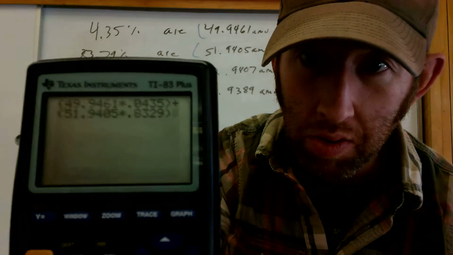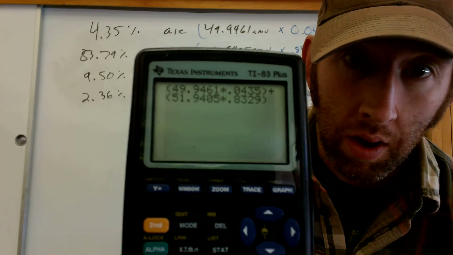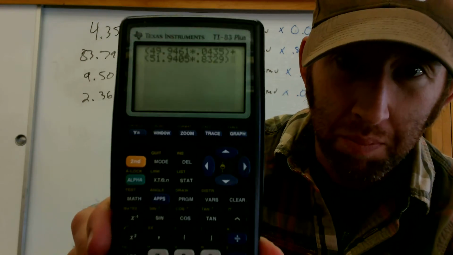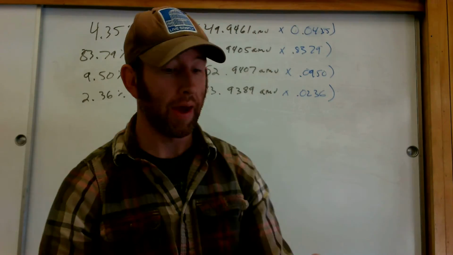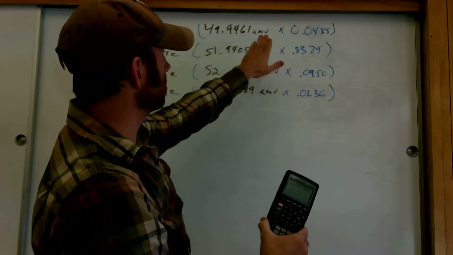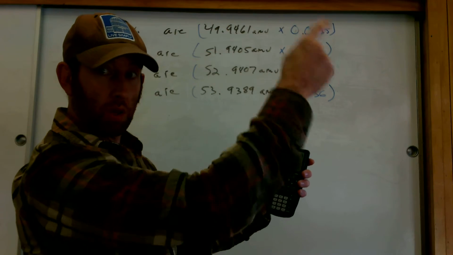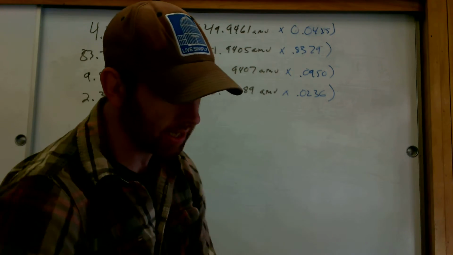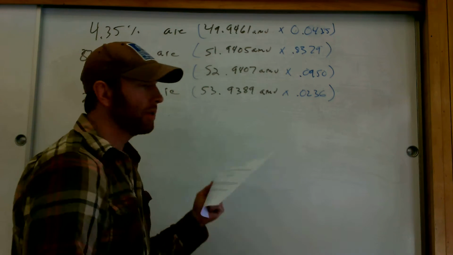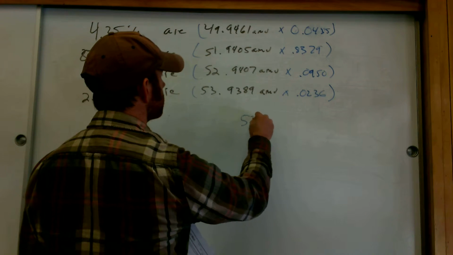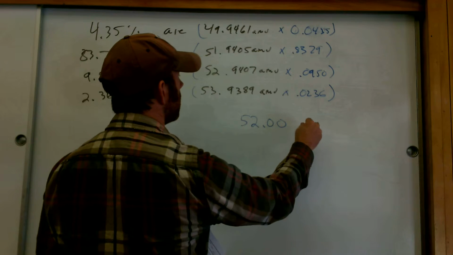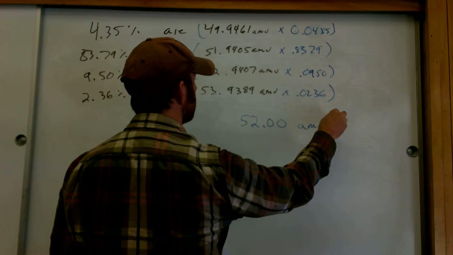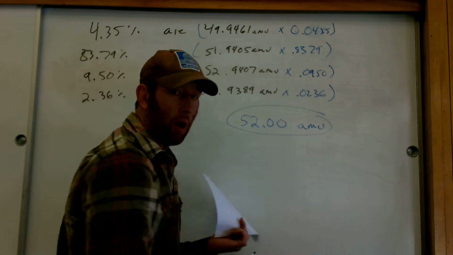Right? So now it looks like that. And again, I can go plus and so on down. I keep entering that in just like it looks here, using my parentheses on both sides and then hitting plus in between. And the number I get at the end, when rounded, should come out to 52.00 AMU.